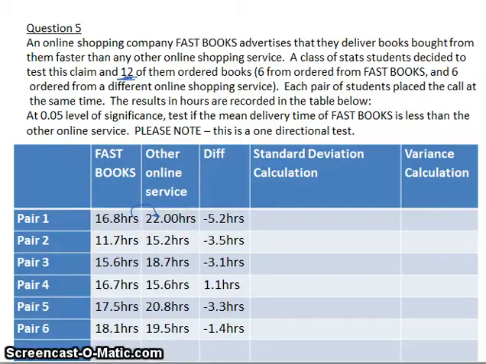So let's proceed. At the 0.05 level of significance, test if the mean delivery time for Fast Books is less than the other online service.